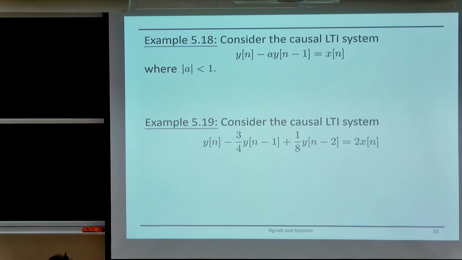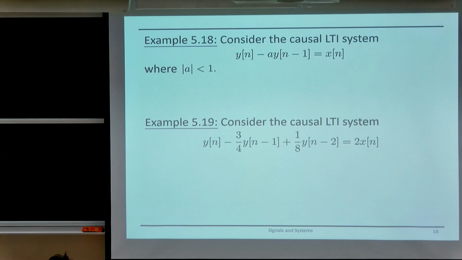So then you get immediately H, which is Y over X, and this is 1 over 1 minus a e to the minus j omega. So it just takes you one more line. So I wouldn't recommend memorizing this. Just do the derivation again. It only takes one additional line.